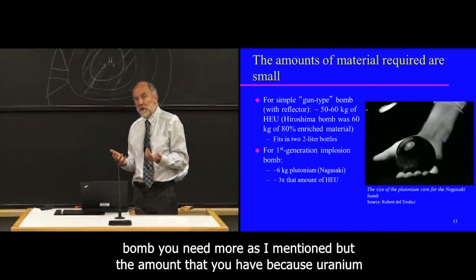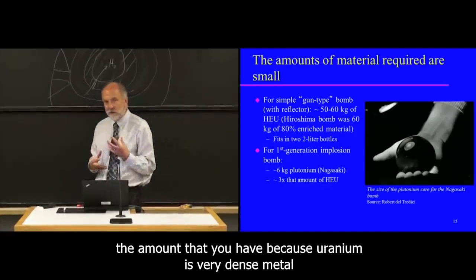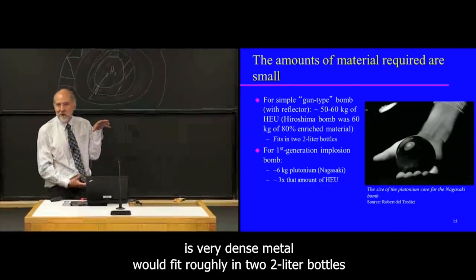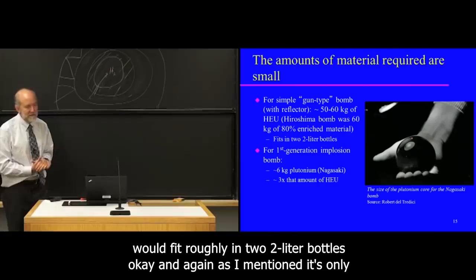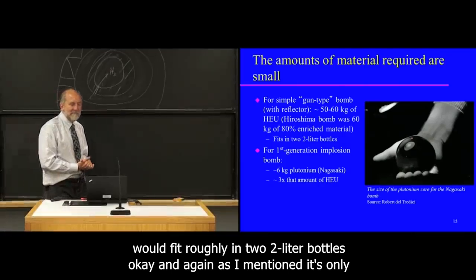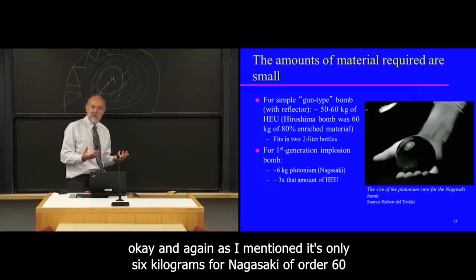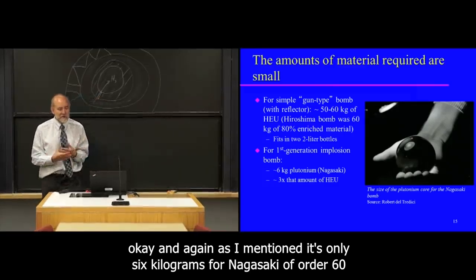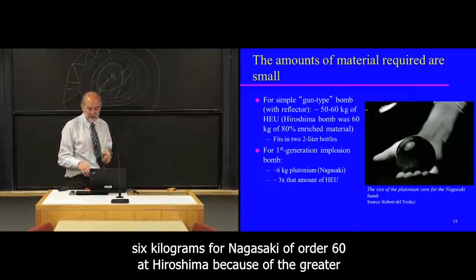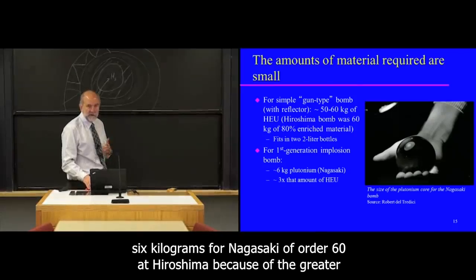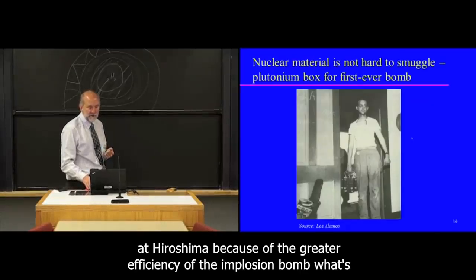But the amount that you have, because uranium is a very dense metal, would fit roughly in two 2-liter bottles. Okay? And again, as I mentioned, it's only 6 kilograms for Nagasaki, of order 60 at Hiroshima, because of the greater efficiency of the implosion bomb.